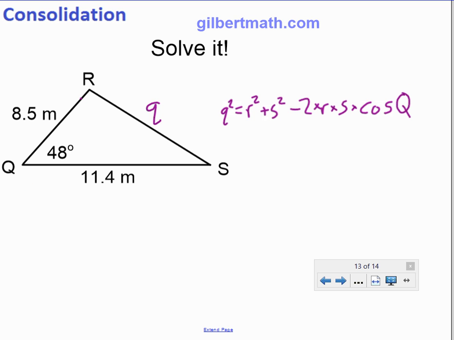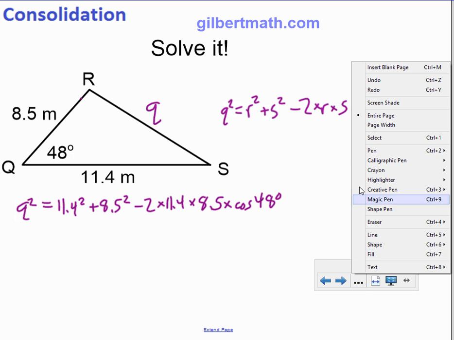Now I'm going to plug the values in. q squared equals 11.4 squared plus 8.5 squared minus 2 times 11.4 times 8.5 multiplied by cos of 48 degrees.